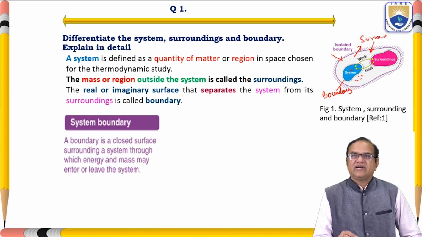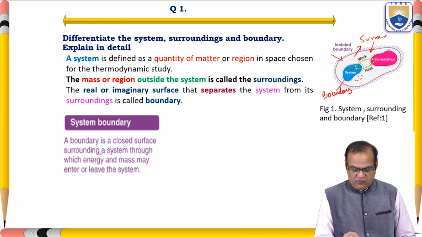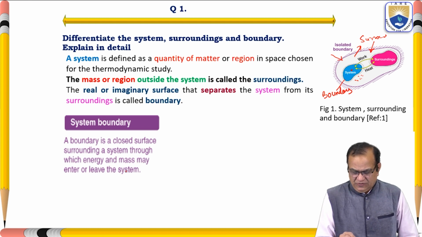Here we can see the system boundary. A boundary is a closed surface surrounding a system through which energy and mass may enter or leave the system.